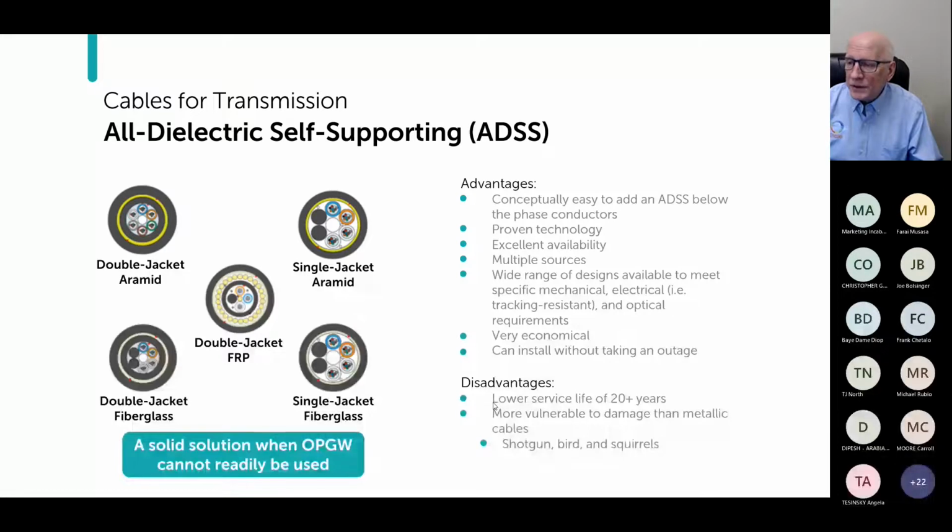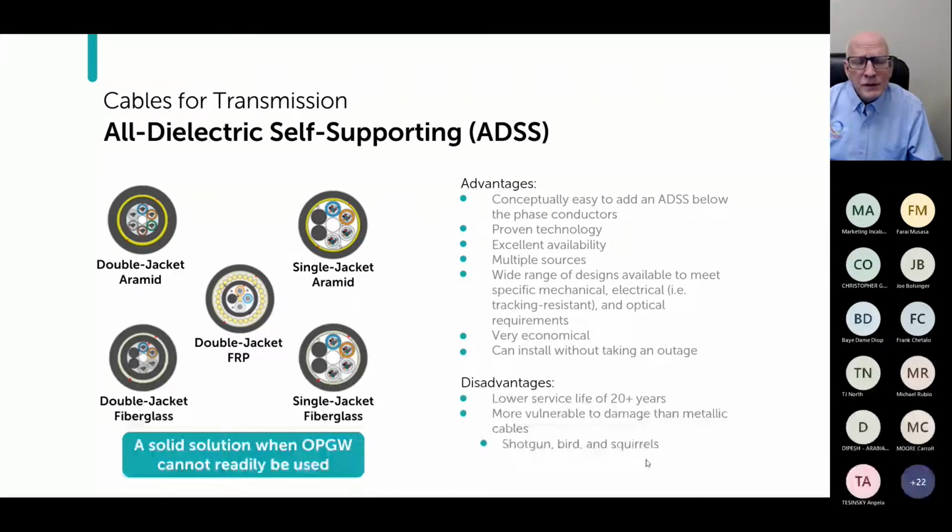Generally, your service life is going to be shorter, on the order of 20 to 30 years, in part because this type of cable is more vulnerable to damage than metallic cables. So damage from shotguns, birds, and squirrels.